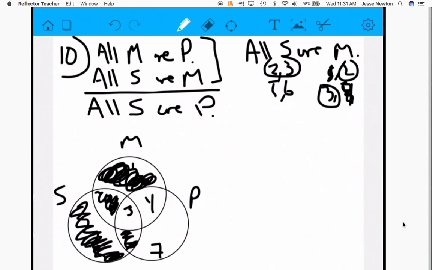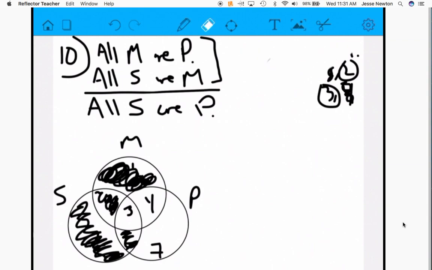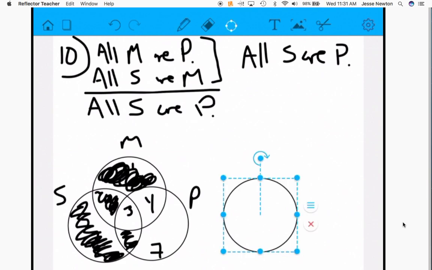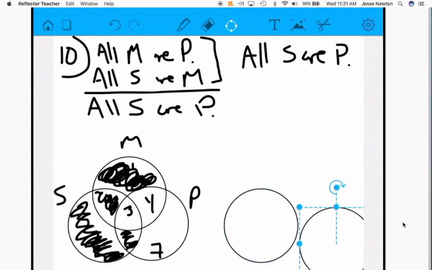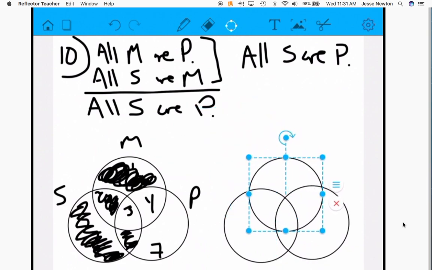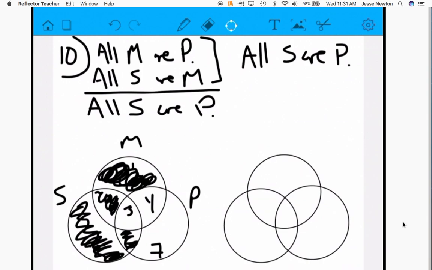Now finally, we come to the conclusion, which is all S are P. And we need to draw up our trusty Venn diagram of the conclusion. And just as before, S, P, M, 1, 2, 3, 4, 5, 6, 7.